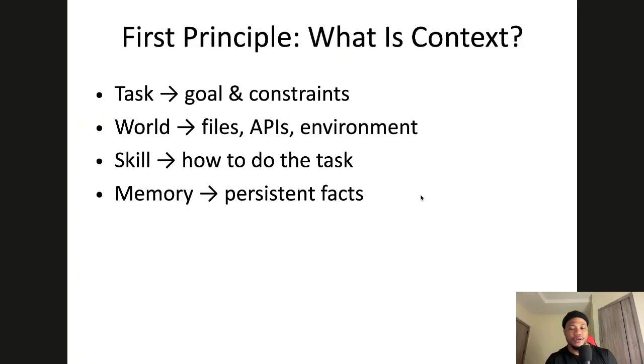Then persistent memory. Memory is very important, especially when you're building AI agents, because without memory, you will have a problem with context, and without context, your AI agent will give you gibberish or hallucinate a lot. So memory is what you persist by yourself, you control it by yourself.